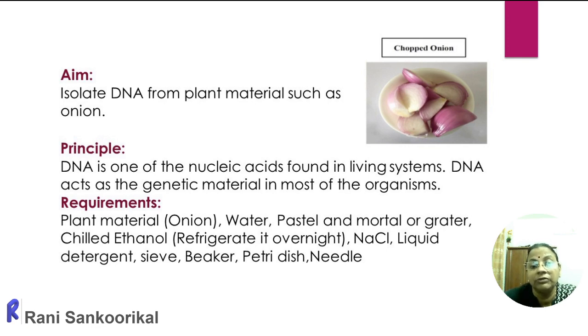The chemical we are using here is liquid detergent. Liquid detergent means the liquid type of dishwash, Vim solution, or even detergent wash liquid, which contains the main ingredient sodium dodecyl sulfate.